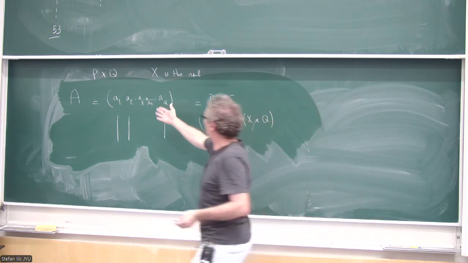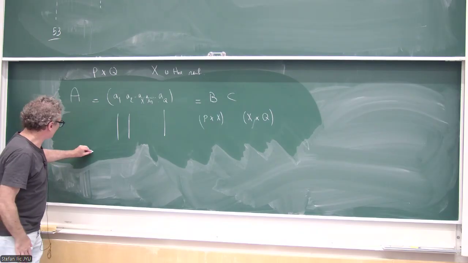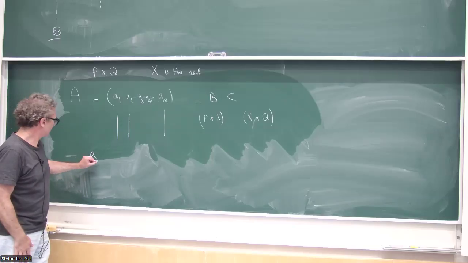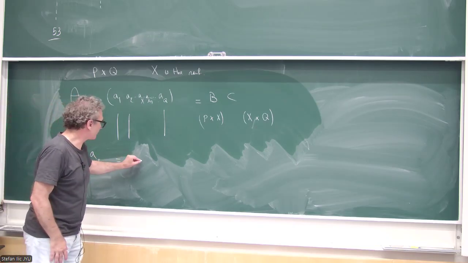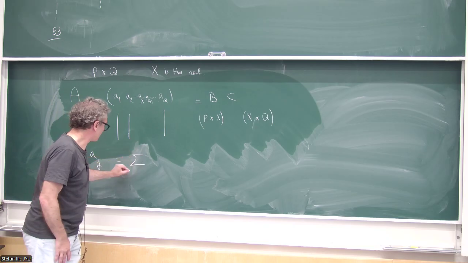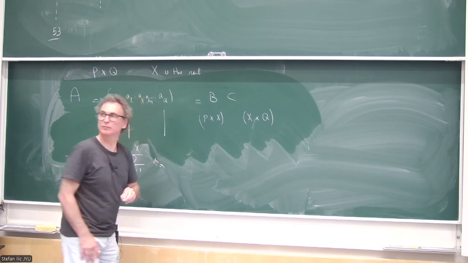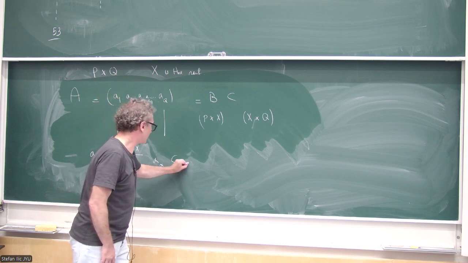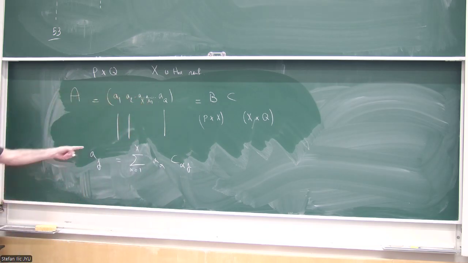So if you have the vector A_J, it is actually a linear combination, the sum over alpha equal 1 to chi of A_alpha times an amplitude C_alpha J. Right, this is just in equation what I said in words.